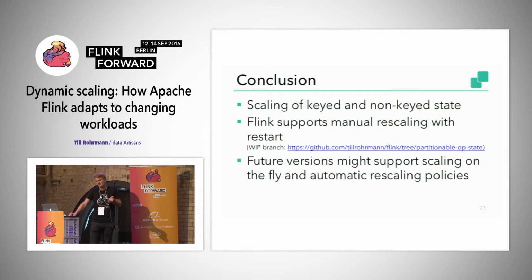But in the future, when these kind of auto-scaling policies are in place, you could also think of using the Kafka lag as a metric for scaling, and then in case of failure, the system would just apply the usual recovery logic, and then at some point of time it will notice that, wait, I'm actually too much behind the current head of the Kafka topic, so I have to scale up by having these auto-scaling policies.